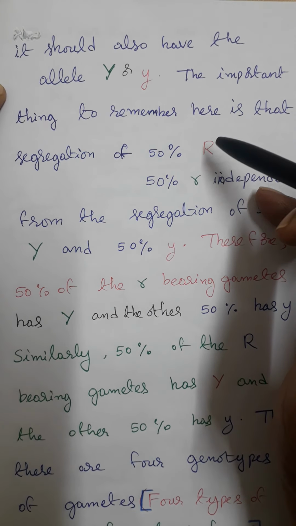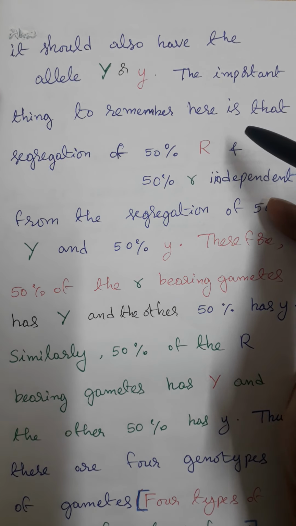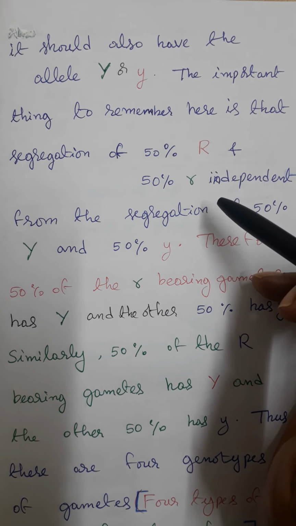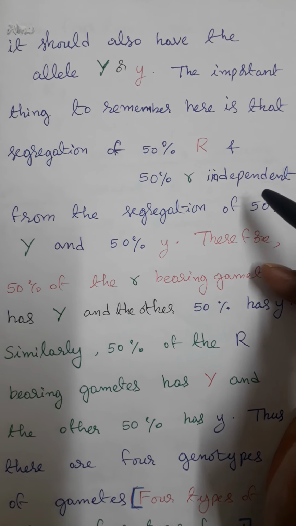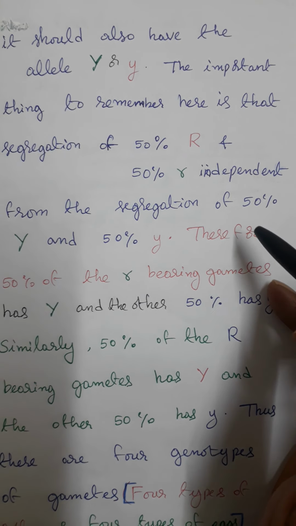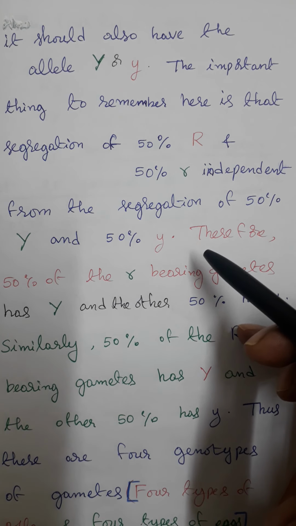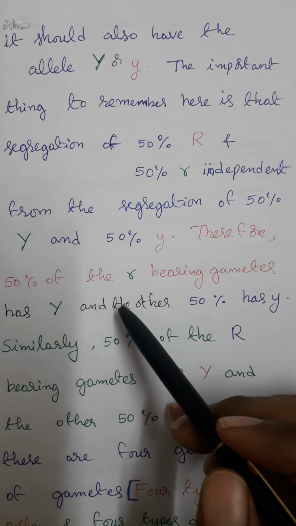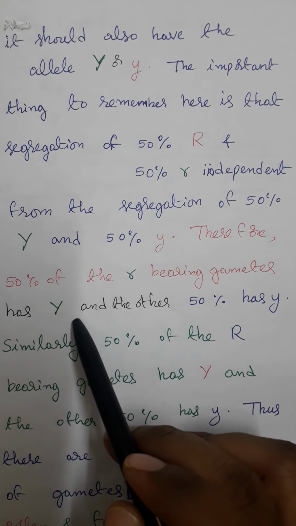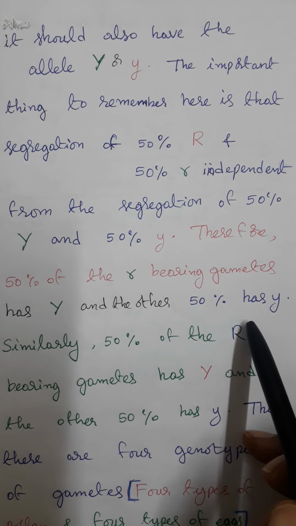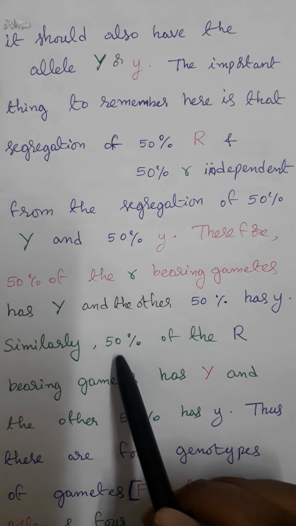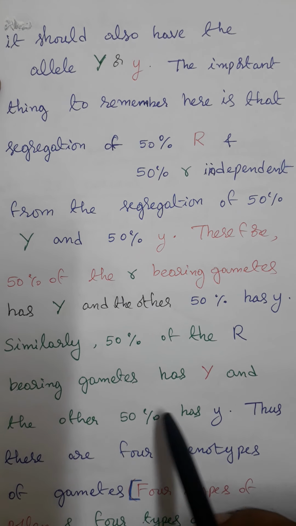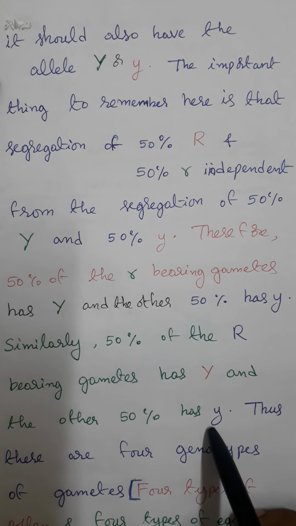The important thing to remember here is that segregation of 50% R and 50% r is independent from the segregation of 50% Y and 50% y. Therefore, 50% of the R bearing gametes have Y and the other 50% have y. Similarly, 50% of the r bearing gametes have Y and the other 50% have y.